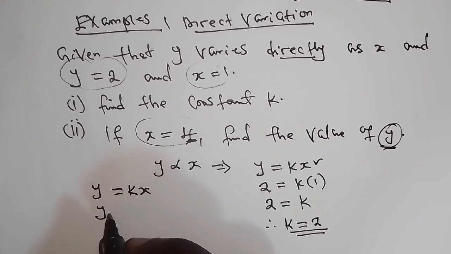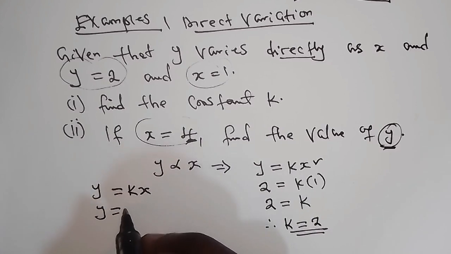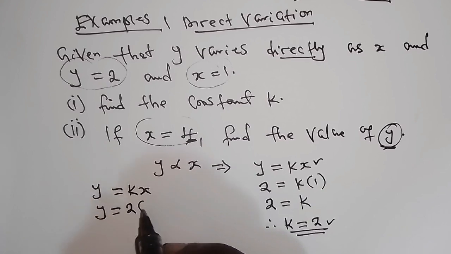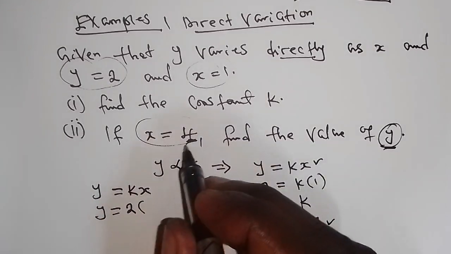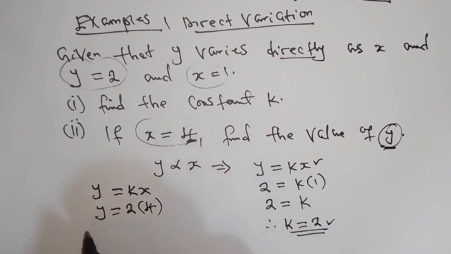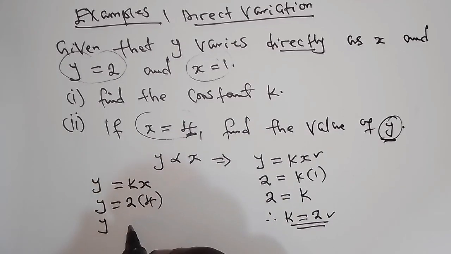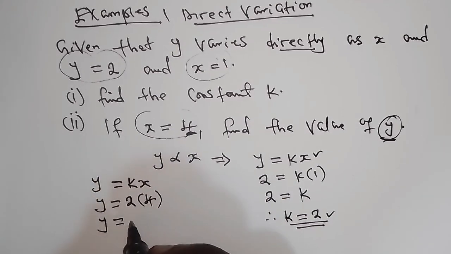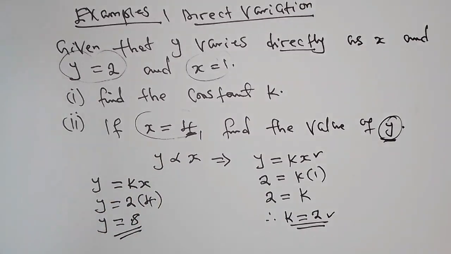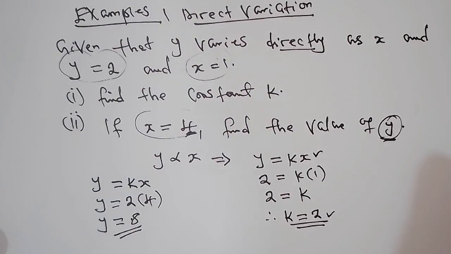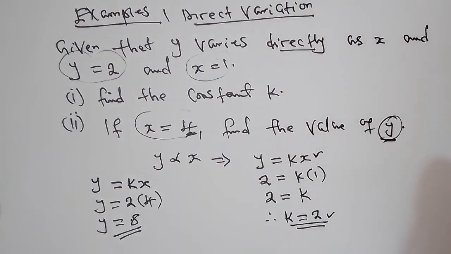So y equals, the k is 2, so you put there 2, open the bracket, our x is given as 4. So our y now becomes 8. So 2 times 4 is 8. And that's the value of y.